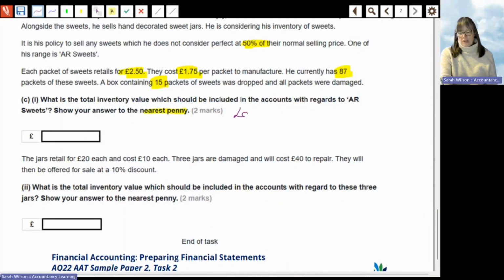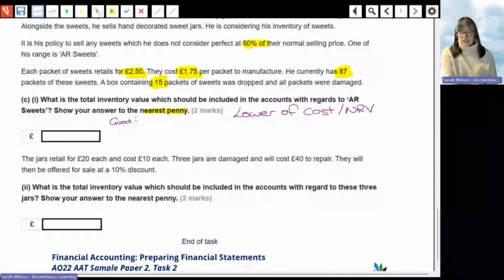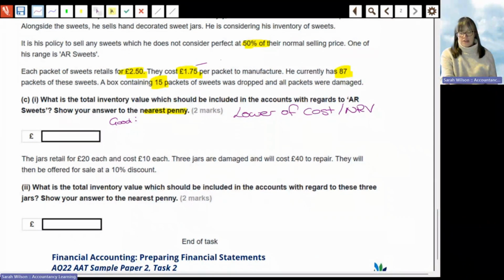So for this then, we need to use the lower of cost or net realisable value. And we need to treat the good stock and the damaged stock separately. So for our good stock, we are going to say our cost is 1.75, and for good stock, that would be our net realisable value, how much we're selling it for.